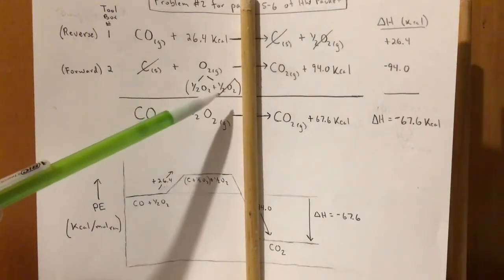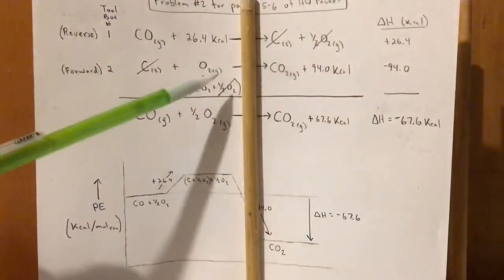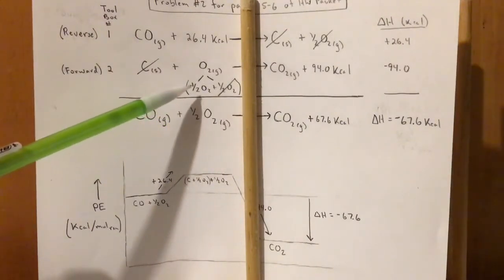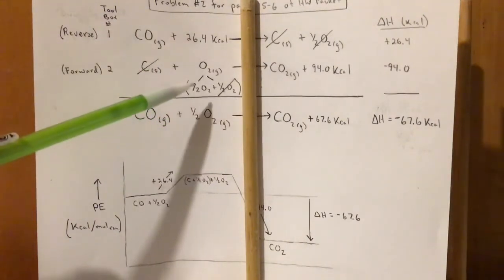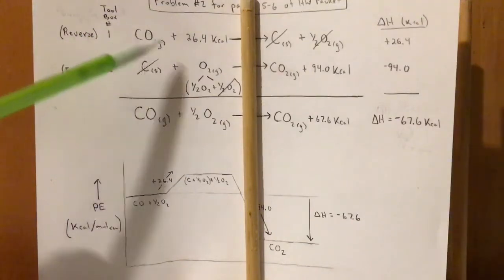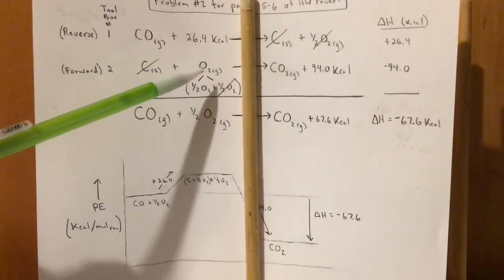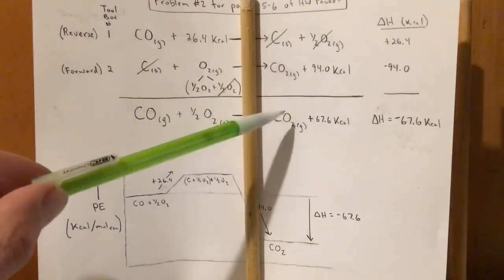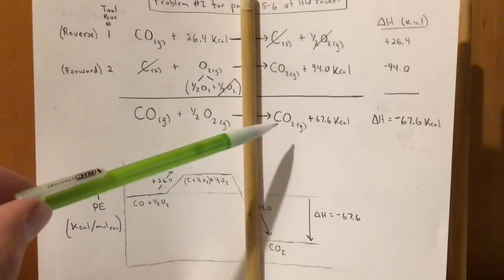And by doing that, I got a half oxygen here that's going to cancel out with the half oxygen here, leaving me with a half left over. So the bottom line is I really just have CO plus half of O2, which is left over here, forms CO2, which matches up to this equation.